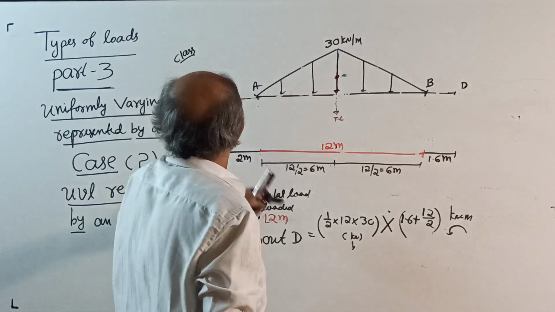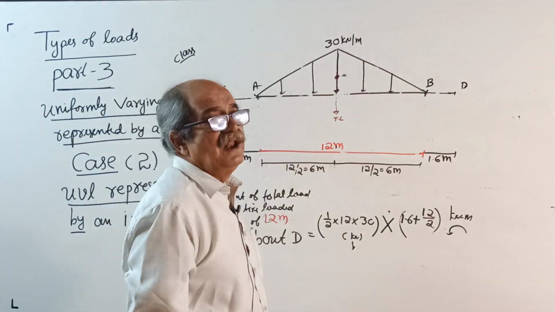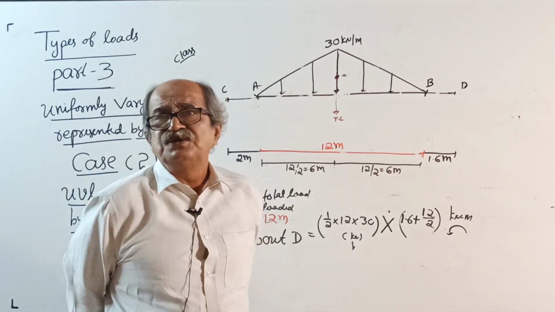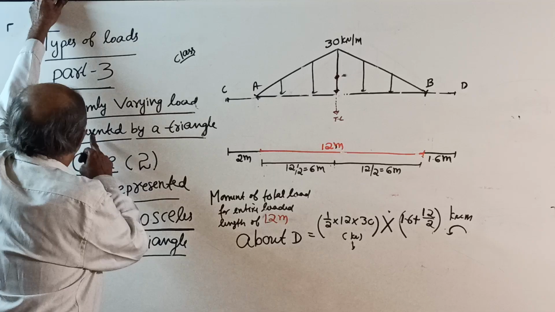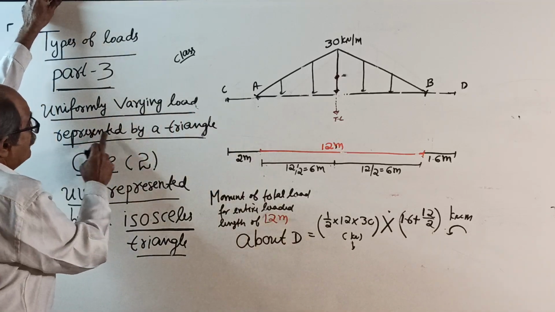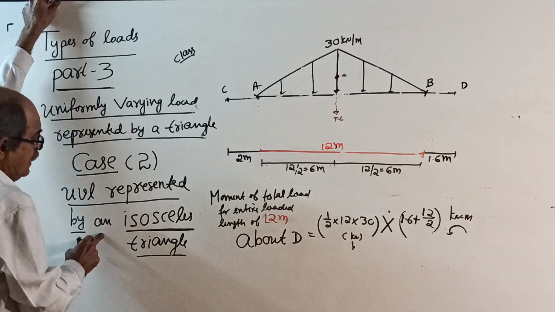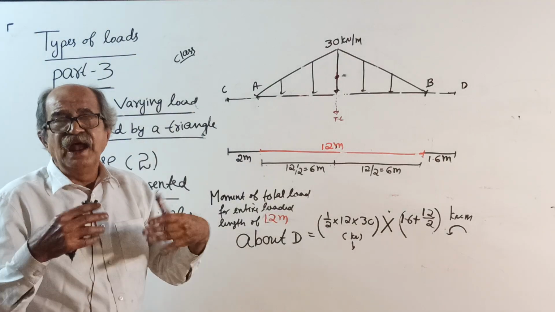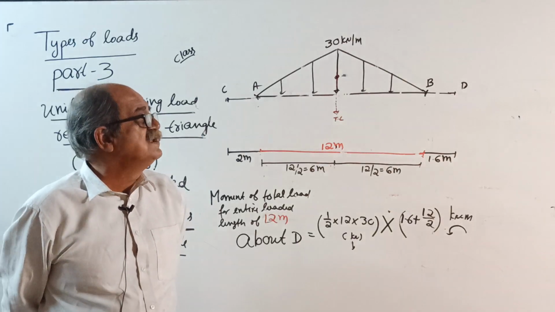So, this class part 3, case 2, UVL represented by an isosceles triangle, is over now. Next class will be the same uniformly varying load represented by a triangle. Case 3, UVL represented by a triangle in general, means not a right angle triangle, nor isosceles.